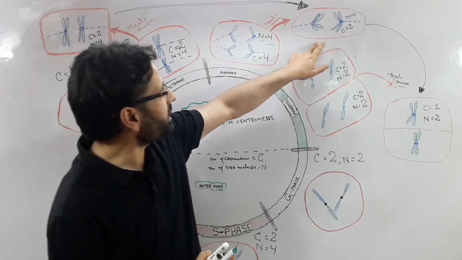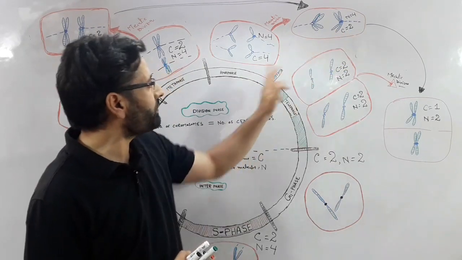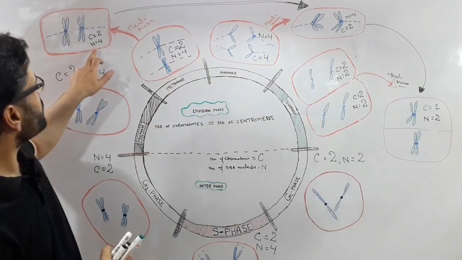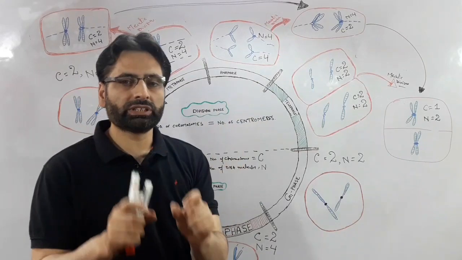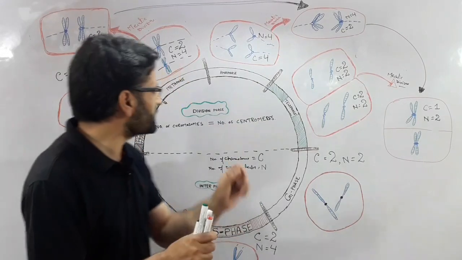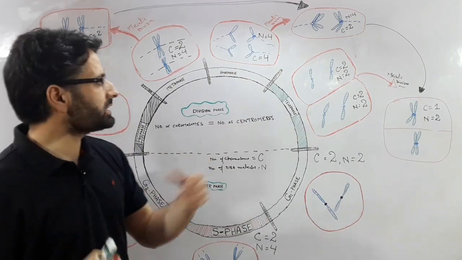But in the meiotic division we have C equal to 2 at the anaphase, that is, the chromosome number does not change in the meiotic first division when the cell progresses from the metaphase into the anaphase. Okay, this is the first difference.